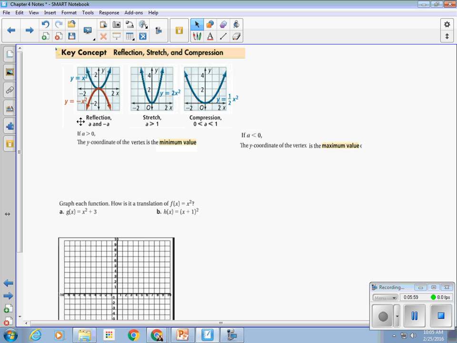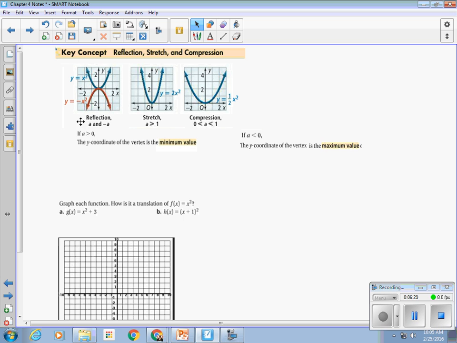If we have our a value, the coefficient in front of our x squared, and it is greater than 1, it stretches the parabola. Makes it real skinny. If the a value is between 0 and 1, then it gets fatter, just like our 1/3 was a little bit fatter.